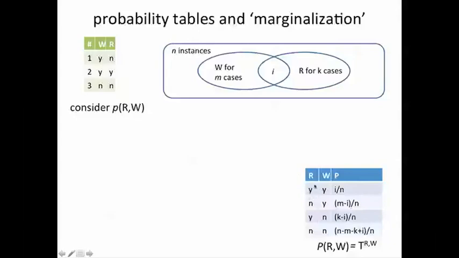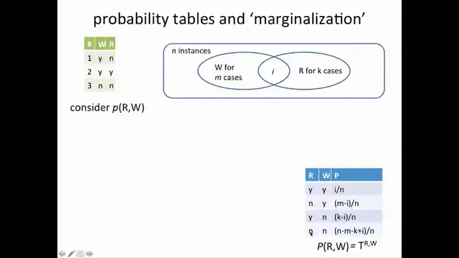So the probability that it rains and the grass is wet is I over n. The probability that it doesn't rain but the grass is still wet is m minus I over n. That it rains and the grass is not wet is k minus I over n.